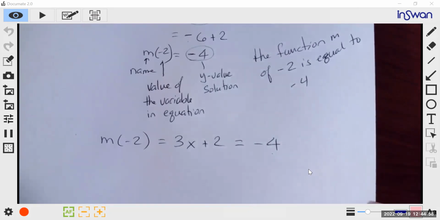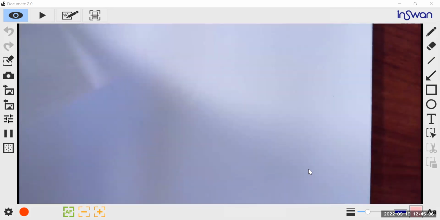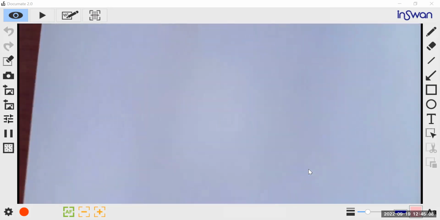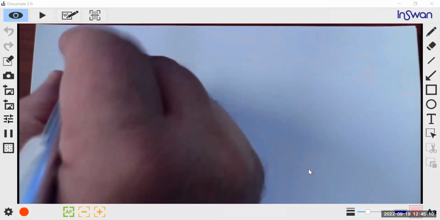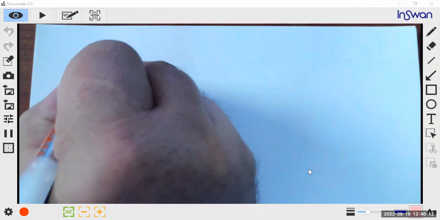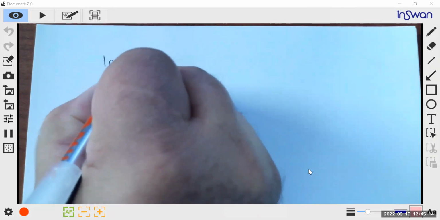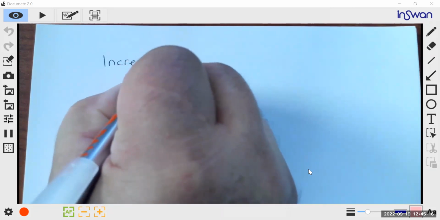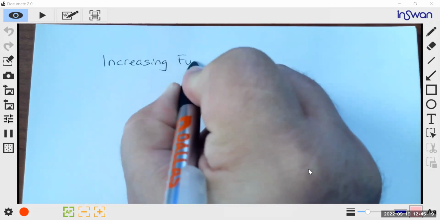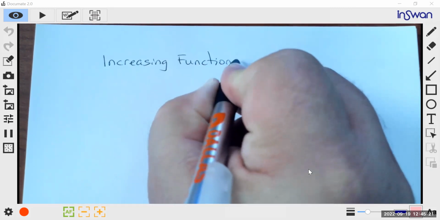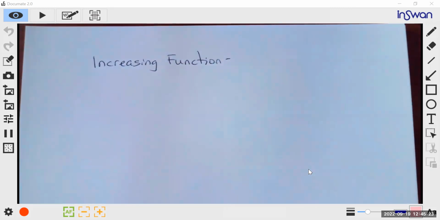Now, section 1, chapter 2 is dealing with increasing, decreasing, and piecewise defined functions. Increasing function. What does it mean if I tell you a function is increasing?